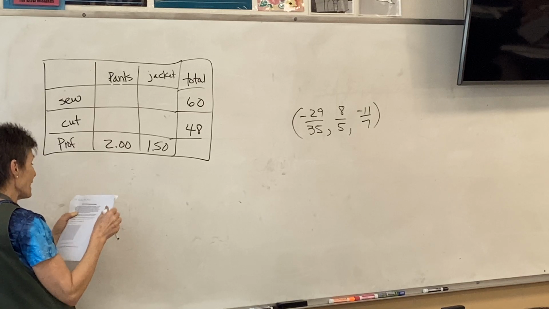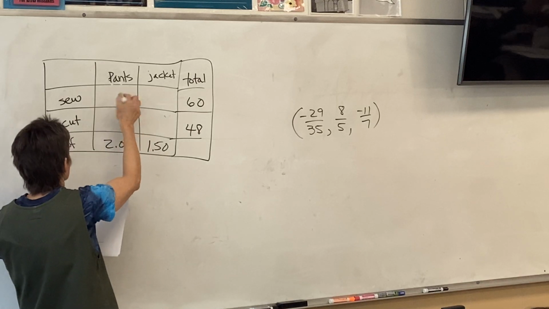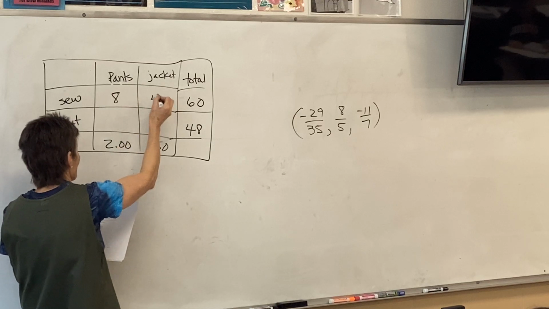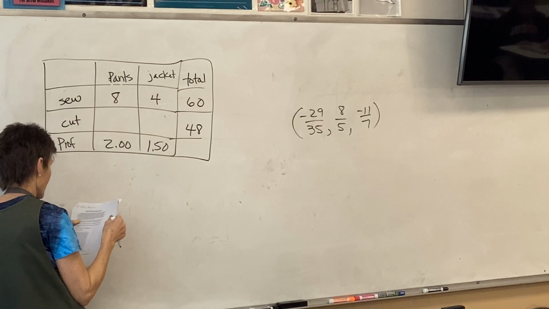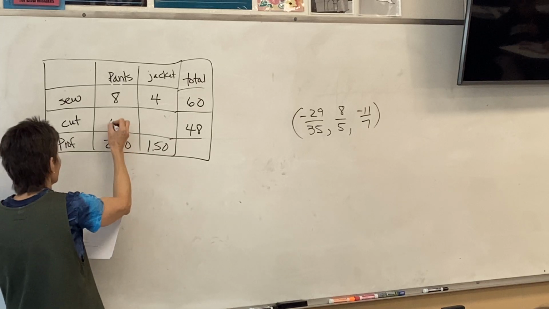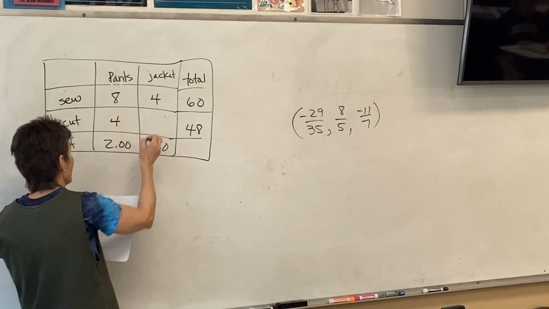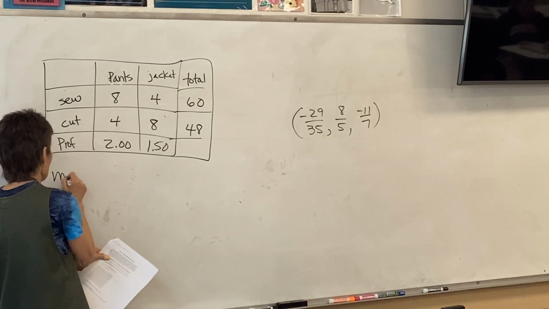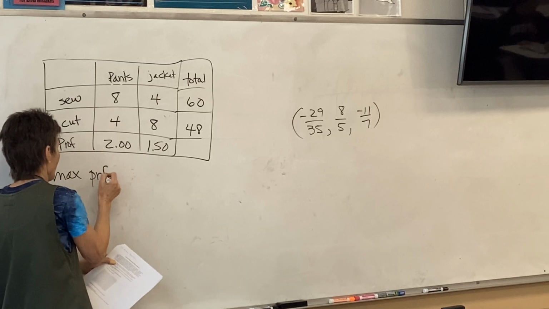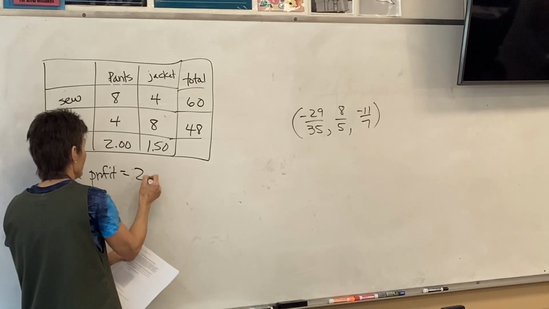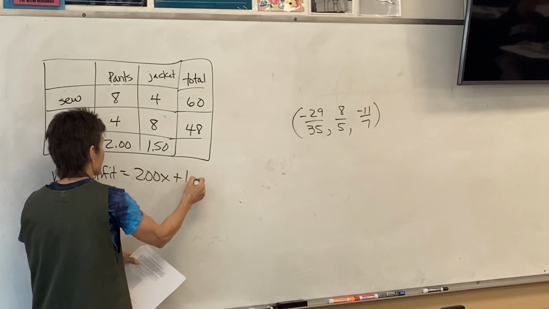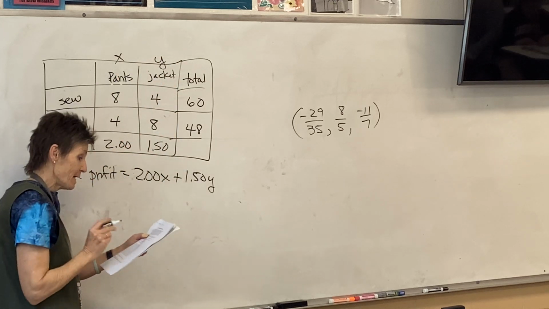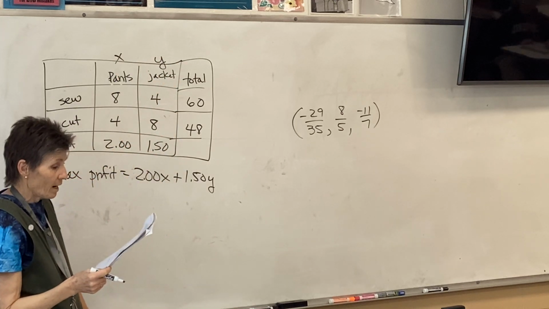It takes 8 minutes to sew a pant and 4 minutes to sew a jacket. It takes 4 minutes to cut a pant and 8 minutes a jacket. And I wanna find my maximum profit, which will be $2 times X plus $1.50 times Y, if I call pants X and Y jackets.